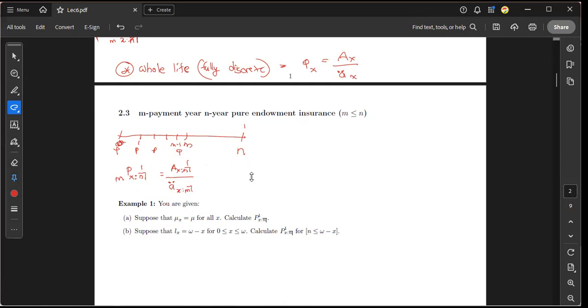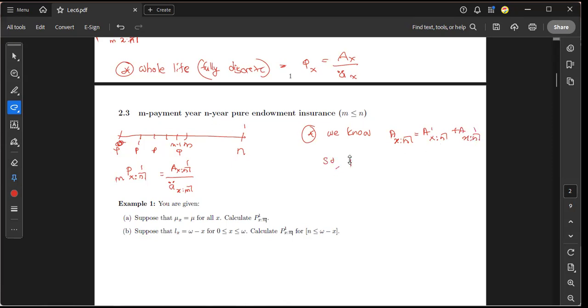And as a special note, we know the endowment insurance benefit present value is equal to the term life present value plus the pure endowment present value.